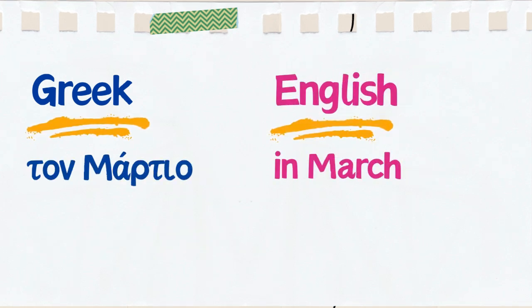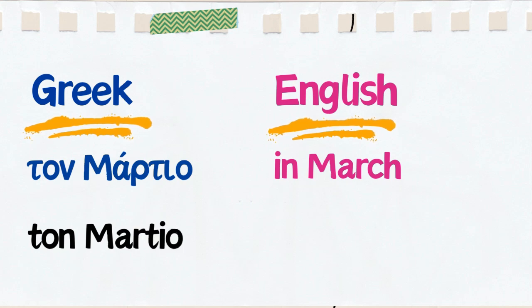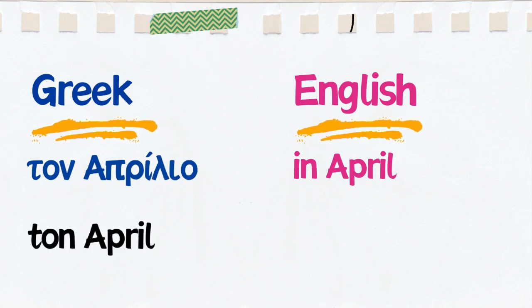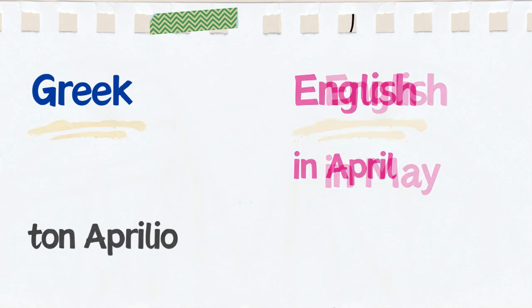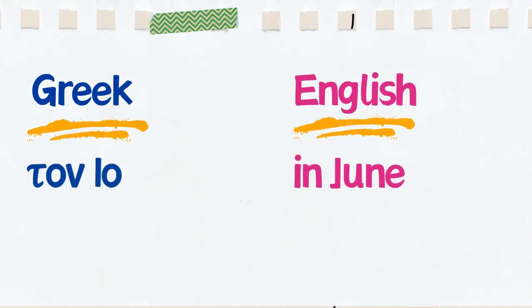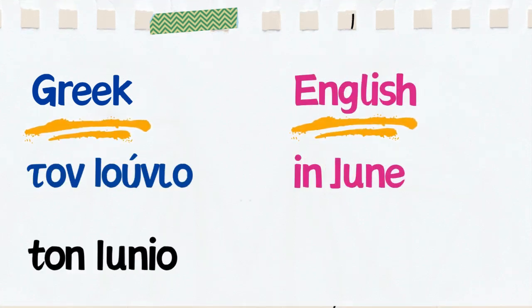Τον Μάρτιο, in March. Τον Απρίλιο, in April. Τον Μάιο, in May. Τον Ιούνιο, in June.